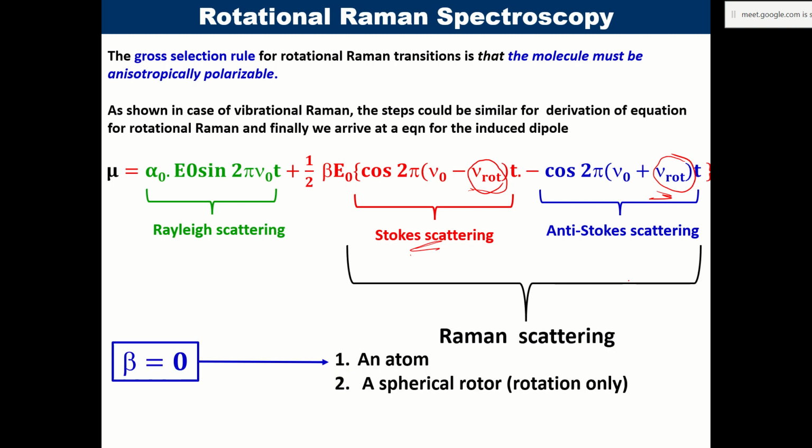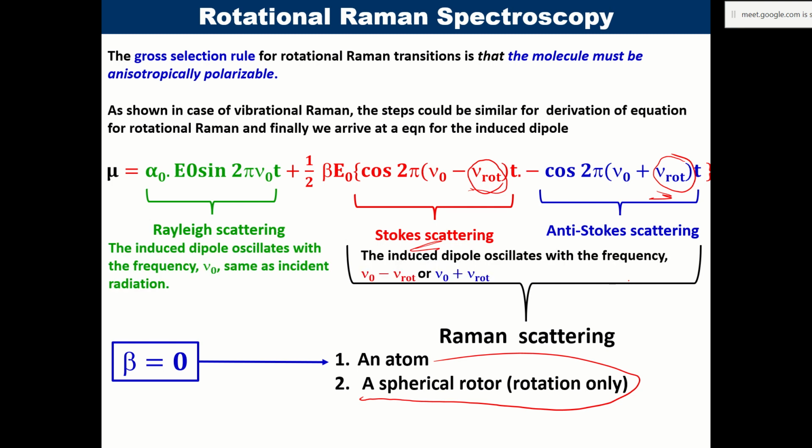And we get the entire Stokes and anti-Stokes lines. We can account for their frequencies, and for rotation, if it is a spherical top molecule, it will not be Raman active.